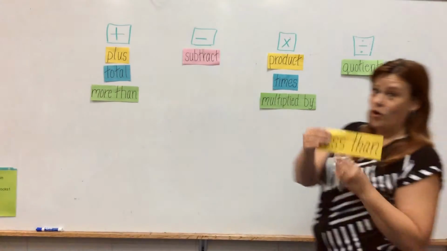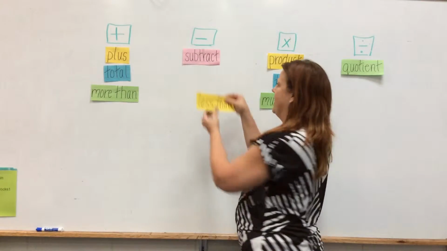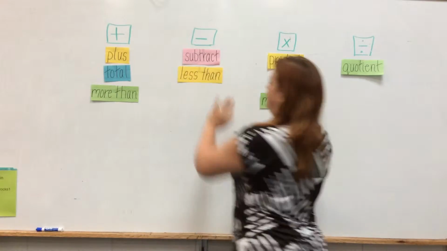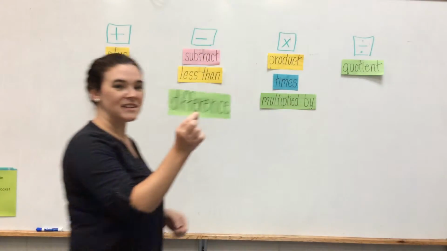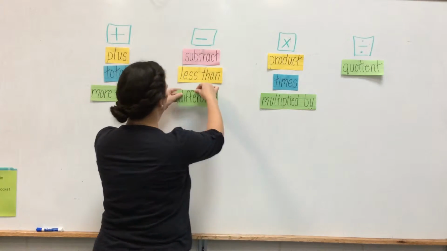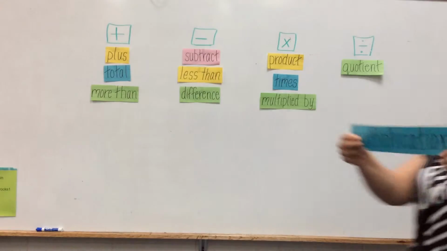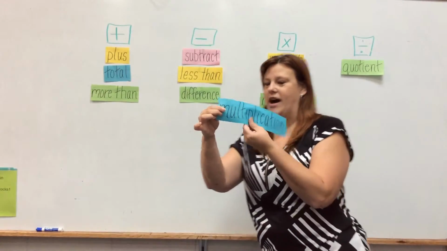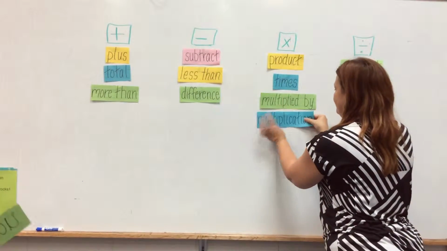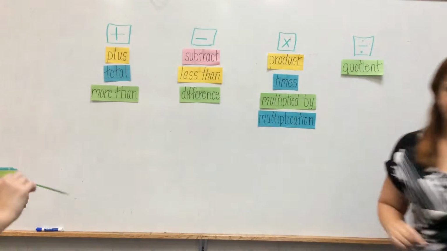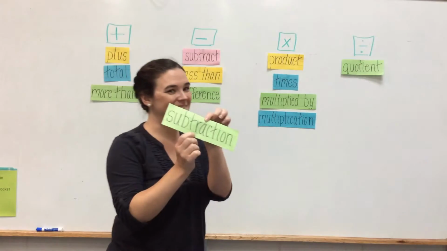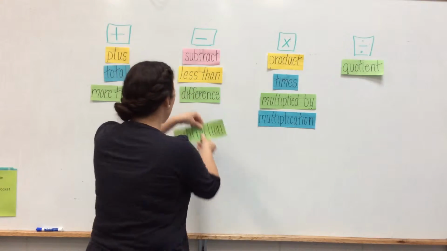The opposite of more than is less than. That means we are going to subtract. The word difference tells us that we're going to subtract. Multiplication, guess what? We're going to multiply. Subtraction, again, we're going to subtract.